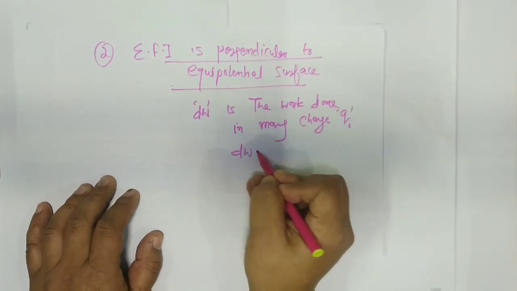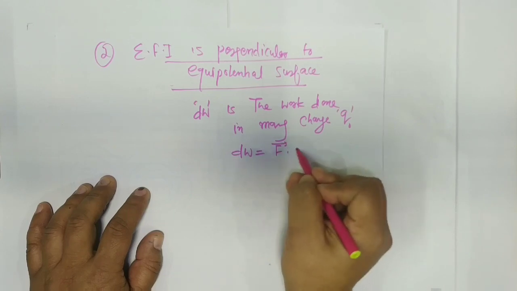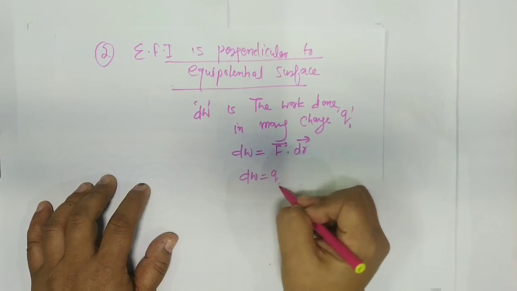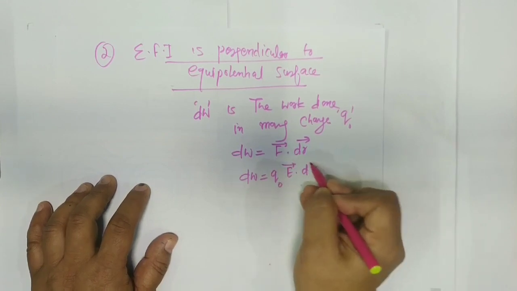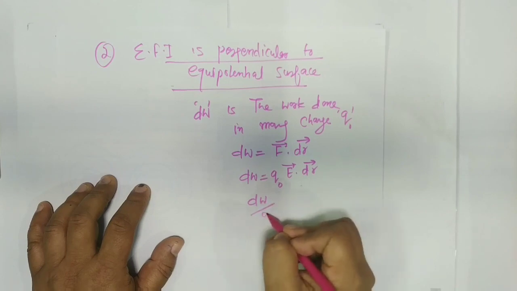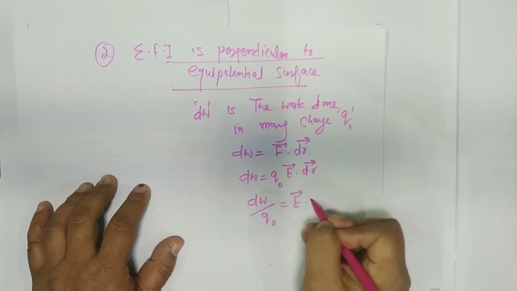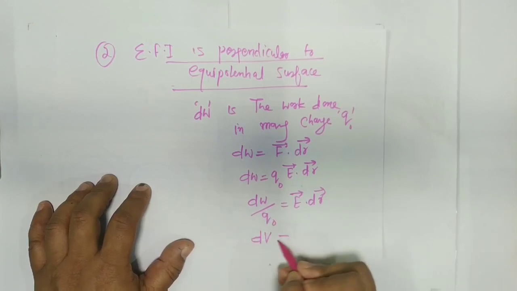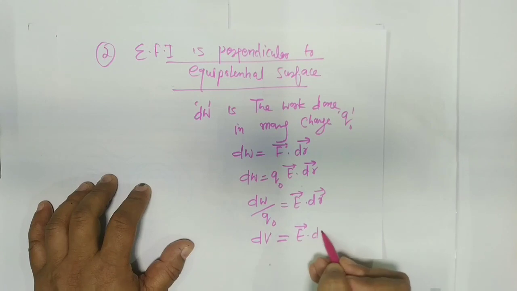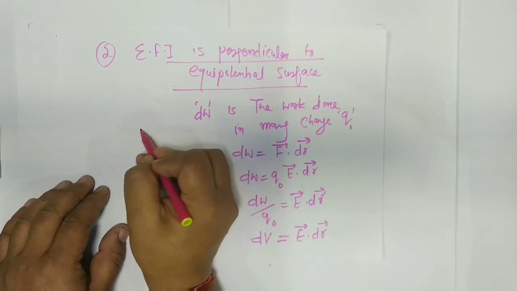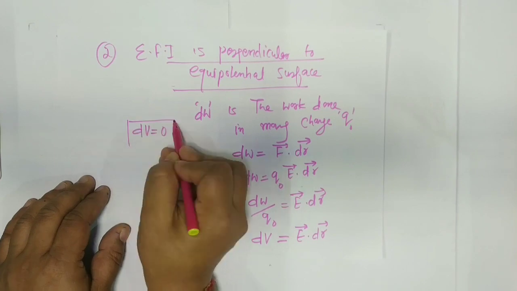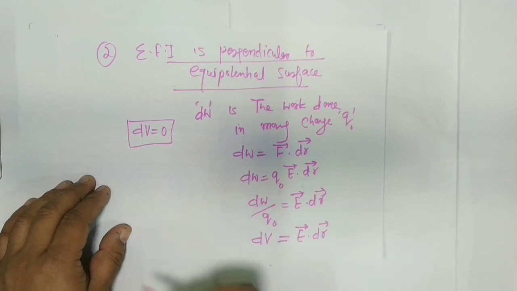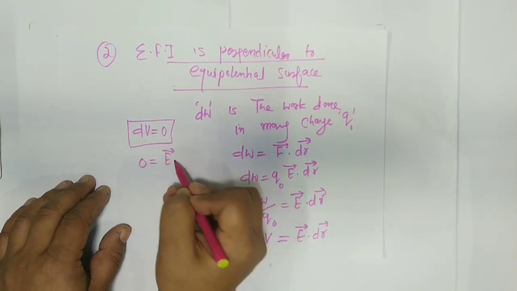So all of you know that dW is F dot dr, and dW is Q naught E dot dr, and dW by Q naught will be E dot dr. And dW by Q naught is dV, that is the change in potential difference. And you know dV on any equipotential surface is 0. There is no change in potential, so this is 0, or dW is 0. So you will put 0 for E dot dr.